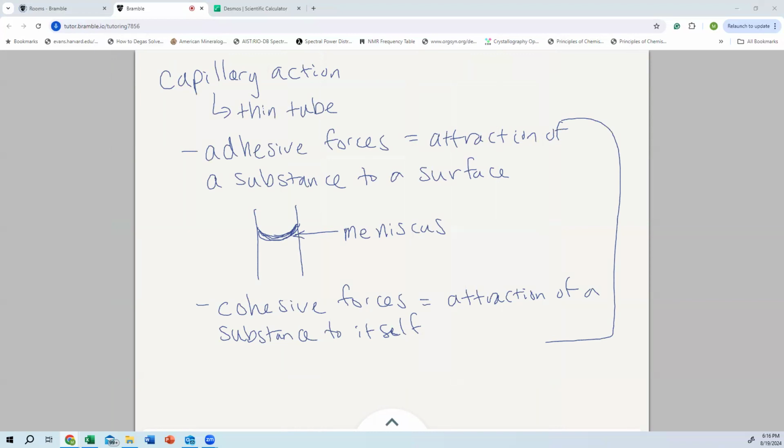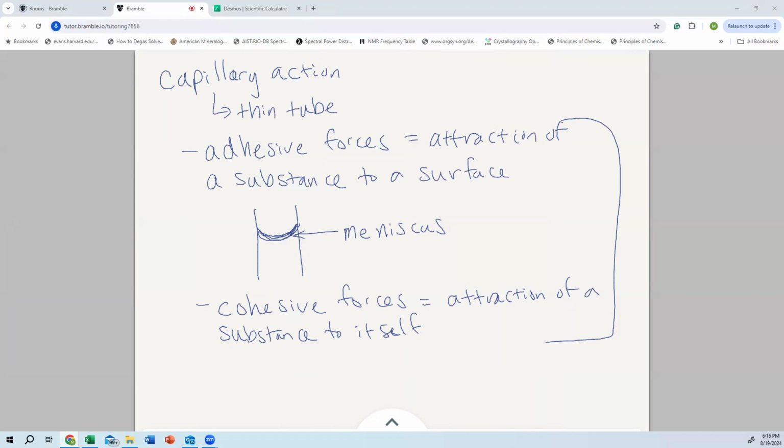So essentially what happens is the liquid is going to be attracted to the sides of the capillary and it's going to pull up. And then it's going to be attracted to itself and pull in on itself. It doesn't actually go back and forth, but it's those two interactions occurring that cause that liquid to go up the capillary.